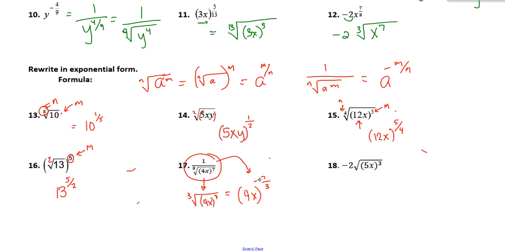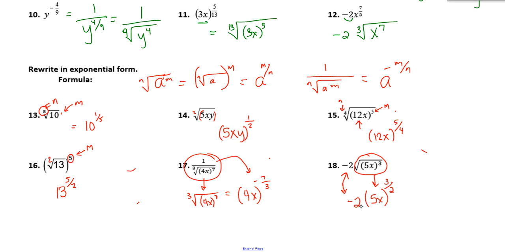Okay, this one's a little different. It's got this -2 out in front. Doesn't matter. All we're doing is changing this radical form. This is what we're rewriting. So it's going to be 5x, both inside and raised to the 3rd power, so it's 3 divided by the shelf number, which was 2. And then this -2 just gets written out in front.